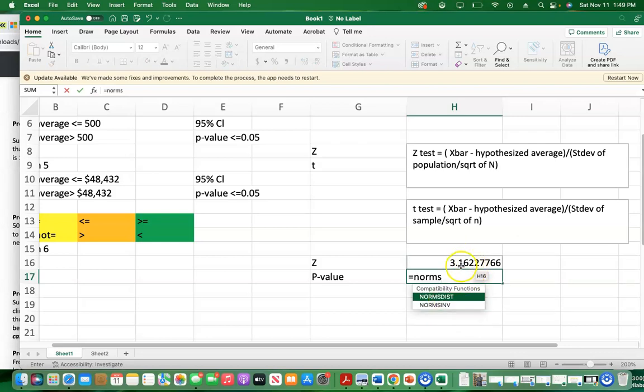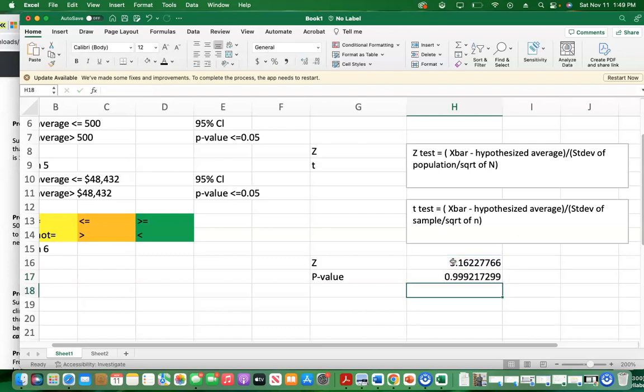Since we have the z value and we want to get the p value or probability value, then please use norms dist. And you have to put the z value. And our z value is this one. So click on the z value, close the bracket, and enter.